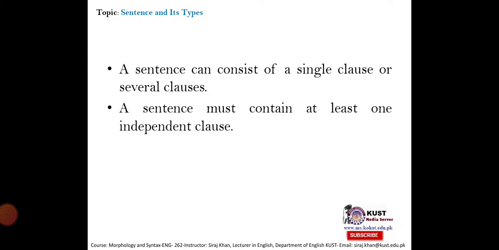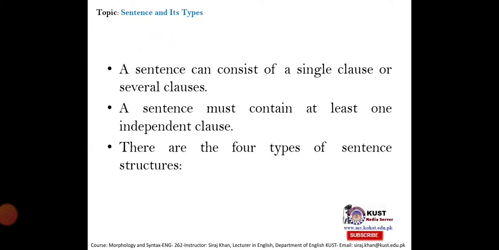Below are the four types of sentence structures with their independent clauses that will be explained in the coming sections.